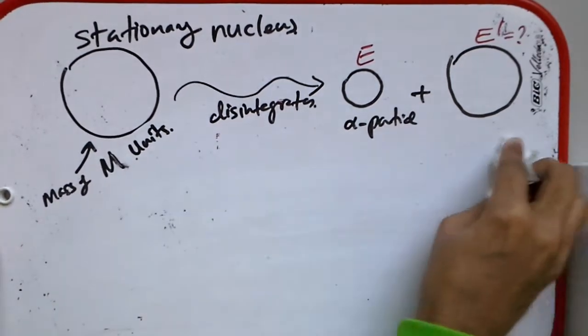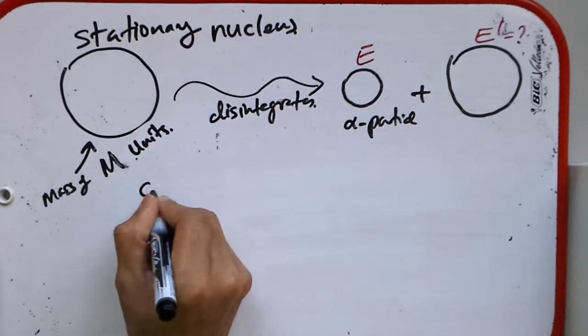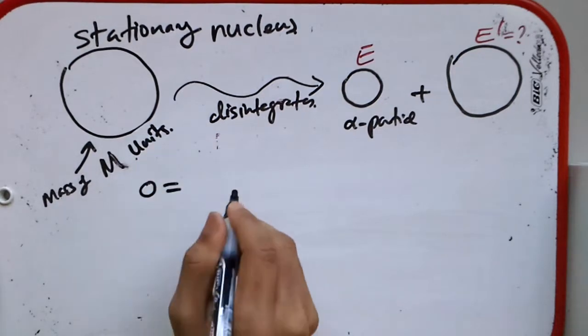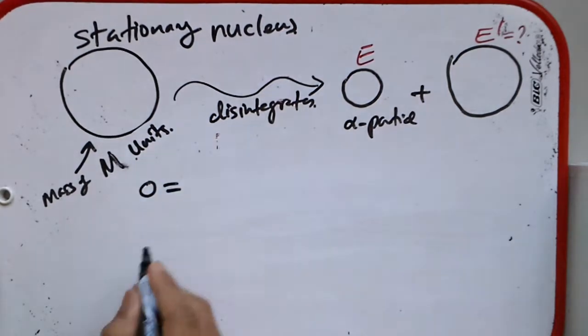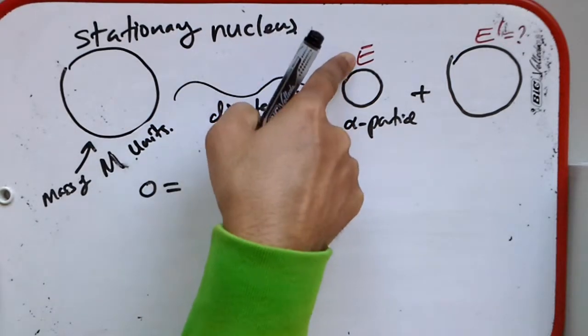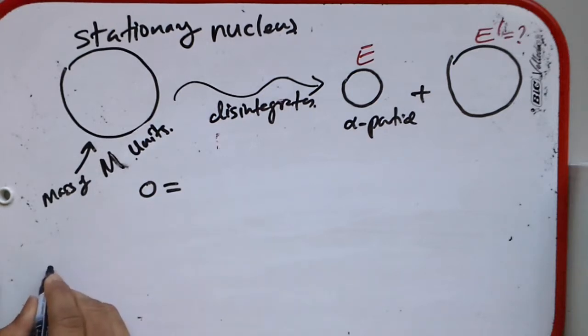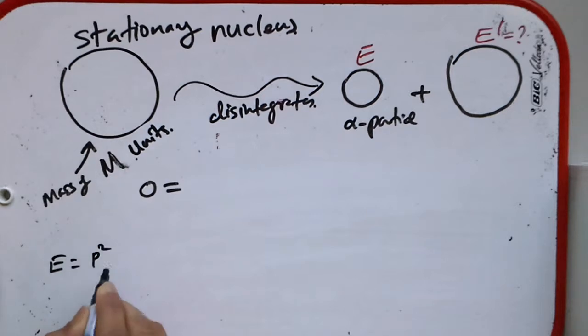So what is the total momentum of the system? The initial momentum of our system is 0. The final momentum I'm going to write in terms of kinetic energy, because this energy is given. We said the kinetic energy can be written as p squared by 2m. So from here p is equal to the square root of 2mE.